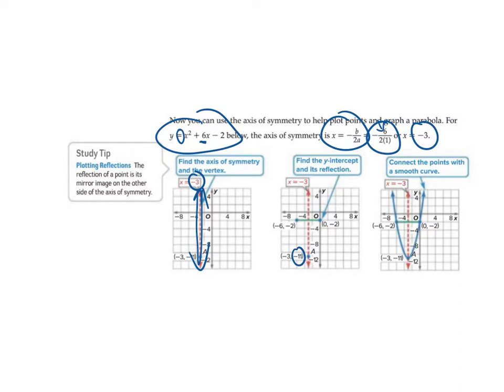And then you just plug in any point to the left or right of the line of symmetry. 0 is usually a good one to plug in because it's easy, which gives you -2, which means the other side, the same distance away from the axis of symmetry, will also be -2. And then you just have to connect those dots into the shape of a parabola.